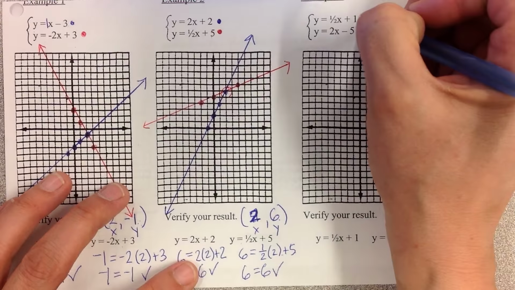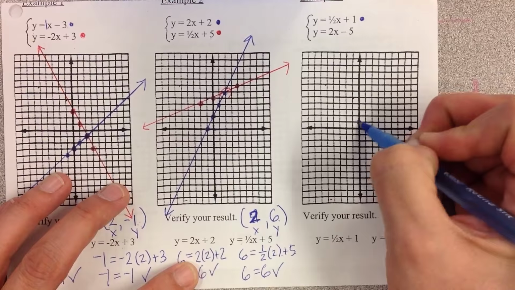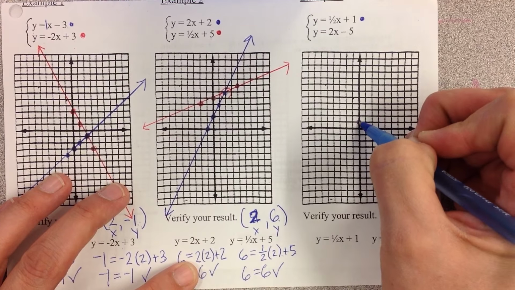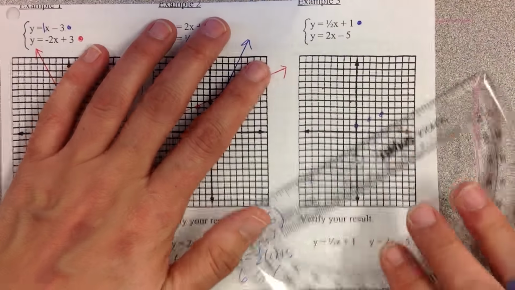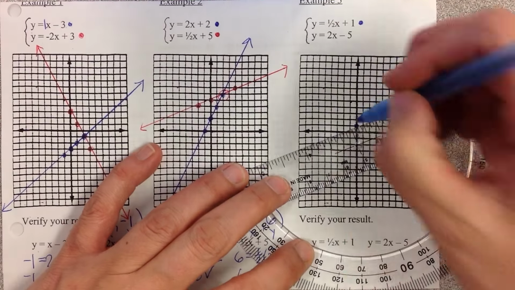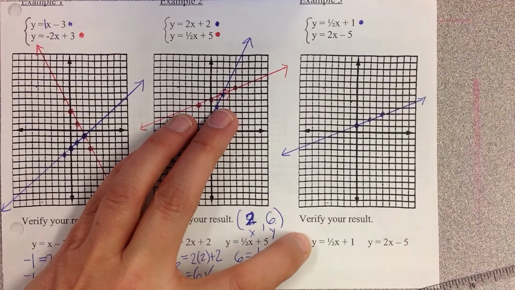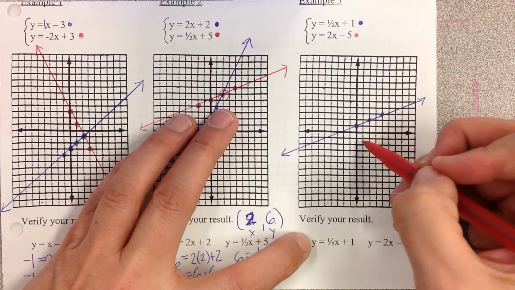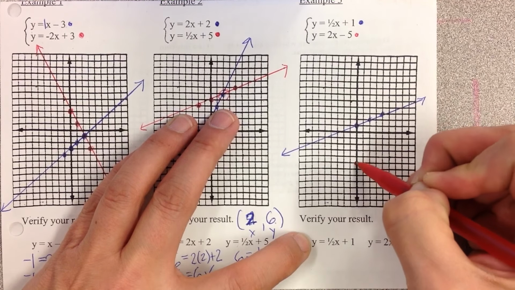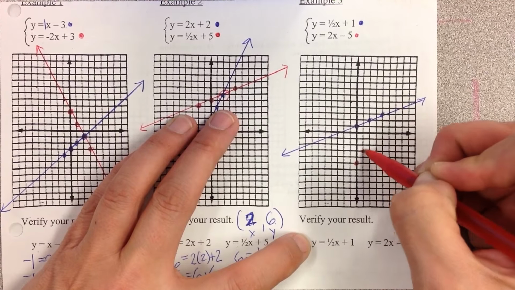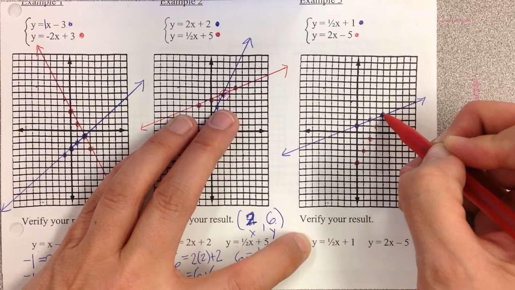The last example we're going to do together, we start at 1 for our first line, and it has a slope of 1/2. Up 1 to the right 2, up 1 to the right 2. Our second line begins at -5 on the y-axis, and then goes up 2 to the right 1, up 2 to the right 1.